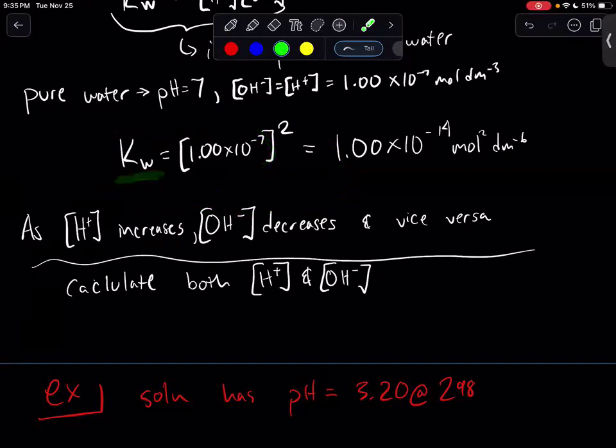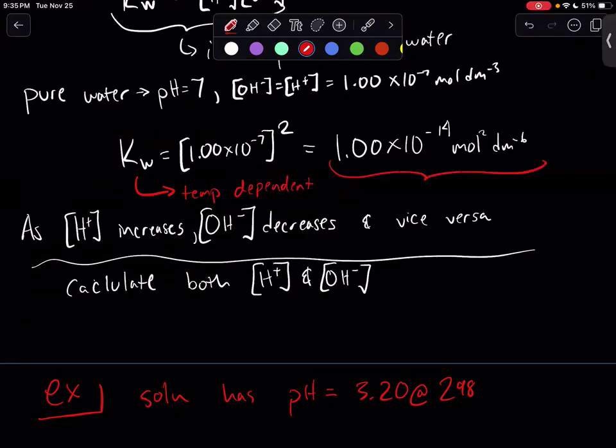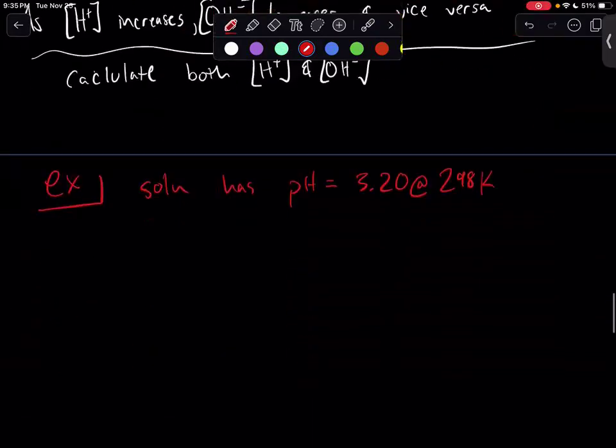And as such, it's going to be temperature dependent. And this is only true at 298 Kelvin. So for our first example, we're assuming 298 Kelvin.